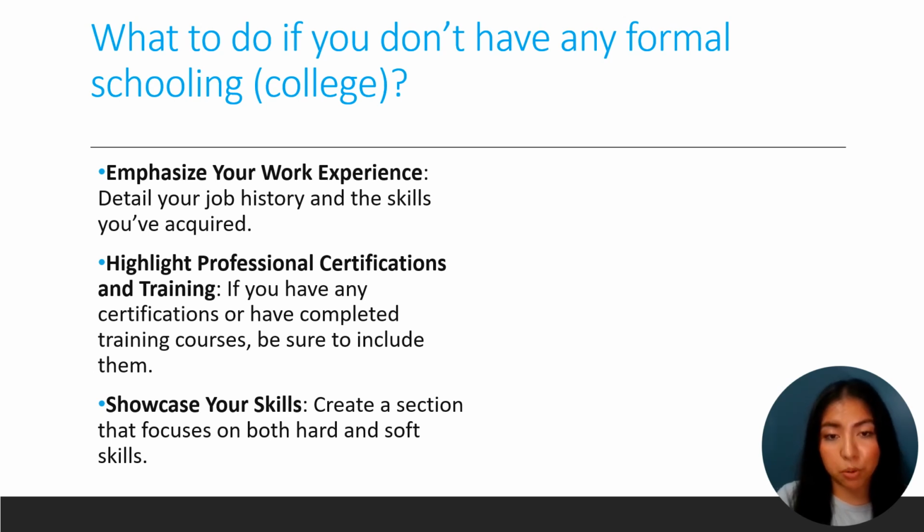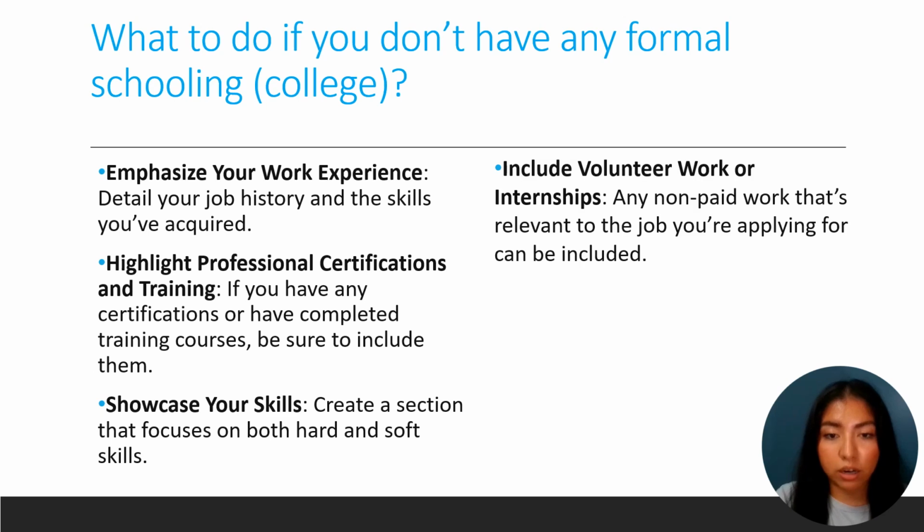This will help showcase your skills. And again, this can be either hard skills or soft skills. You can also include any volunteer work or internships that you've participated in. Whether or not you got paid for it, that is still experience that you can include if it is related to the job that you're applying for.